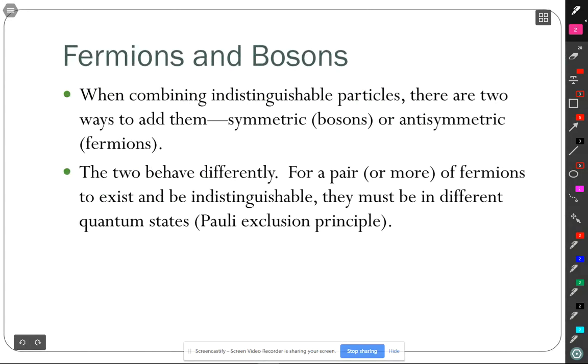And then with fermions, you have to have an overall anti-symmetric wave function. If you have a symmetric spin state, you have to have an anti-symmetric spatial state, and vice versa. That's where we get the bonding and anti-bonding orbitals from, because if you have the anti-symmetric spatial state, then they repel.